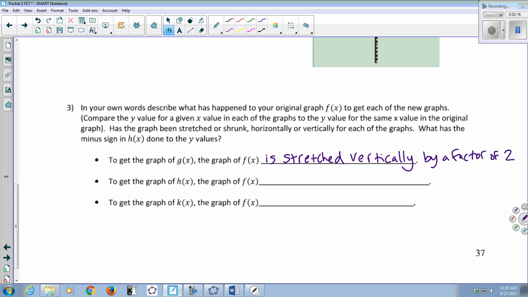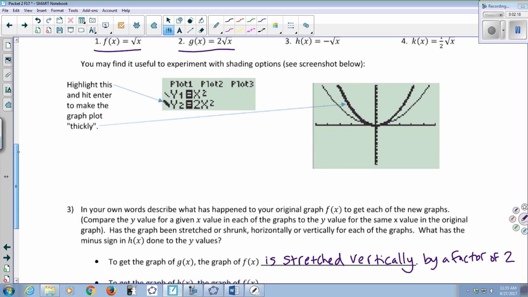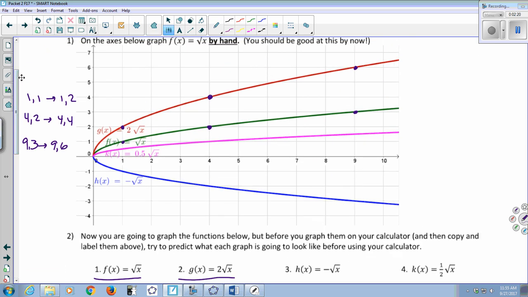All right, now let's compare f with h. Erase what I have here. Okay, h is the blue graph. So f is green, h is blue. And it's negative the square root of x. So it looks like you're taking the square root and then making it negative. So I'm going to expect that my y coordinates are just going to be opposites.